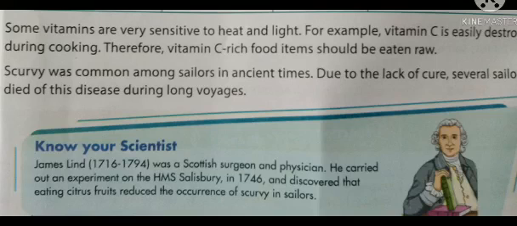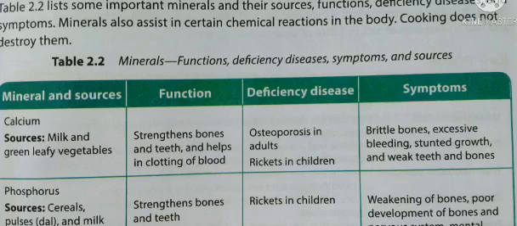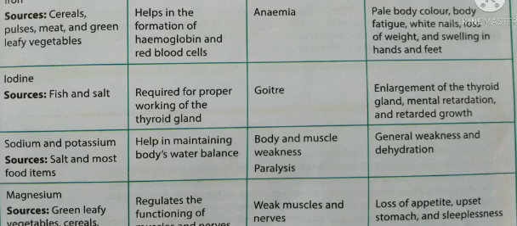Scurvy was the common sailor's disease due to lack of vitamin C during long voyages. Now, Table 2.2 shows the minerals, their functions, deficiency diseases, symptoms, and sources, like calcium, phosphorus, iron, iodine, sodium, potassium, and magnesium.